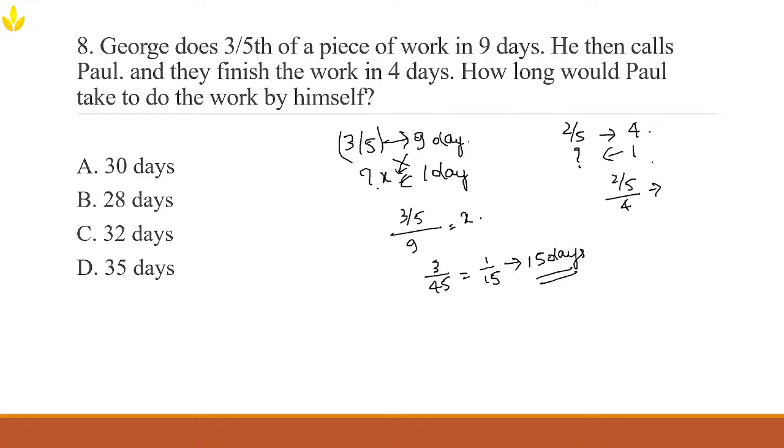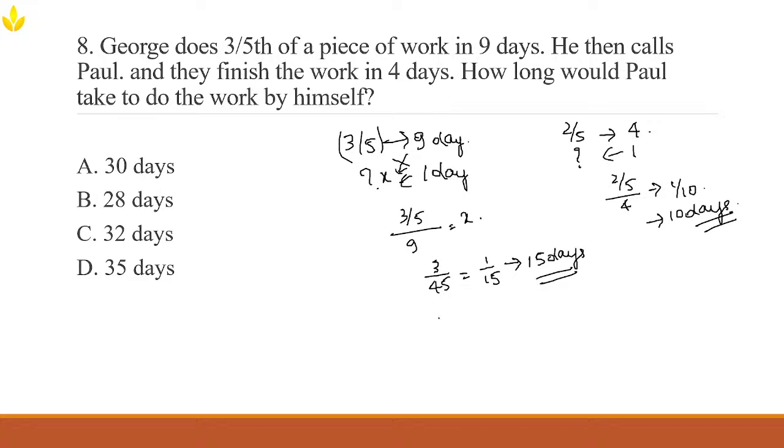That part of the work is completed by both George and Paul. So that gives you 1 by 10. That means both of them take 10 days to complete the work.